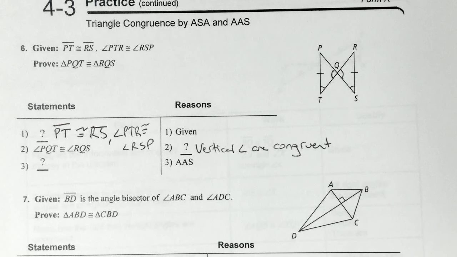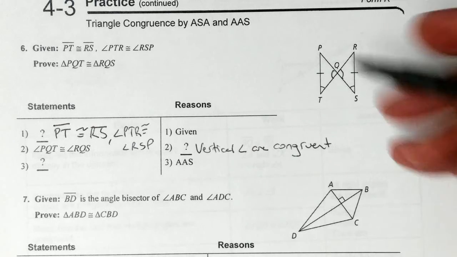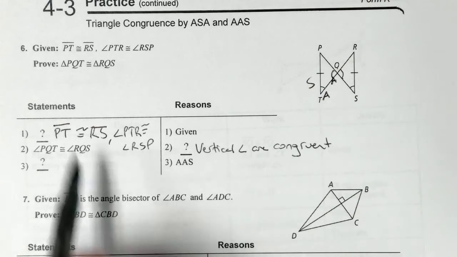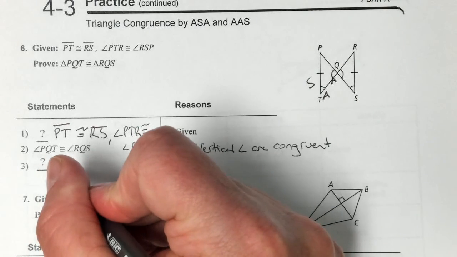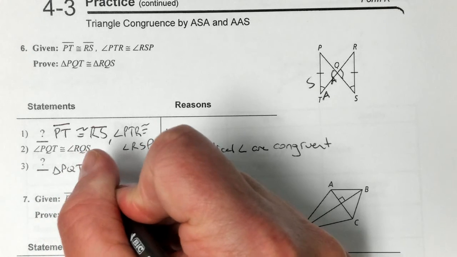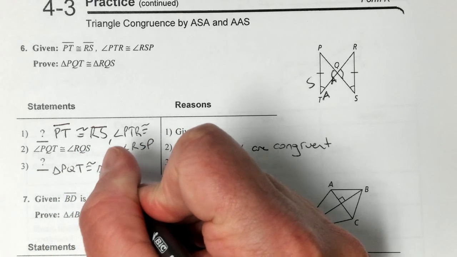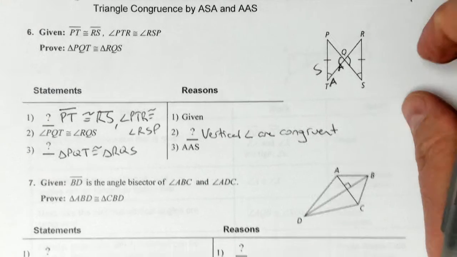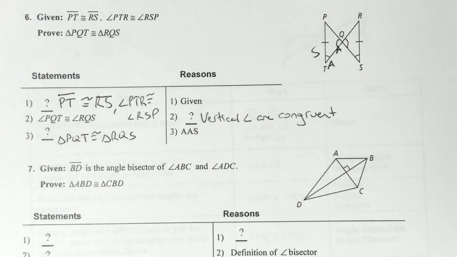Vertical angles are congruent. And then this is an example of AAS. So you put your triangle statement here, PQT congruent to triangle RQS from angle, angle, side. Any questions? I like that they're just so short.